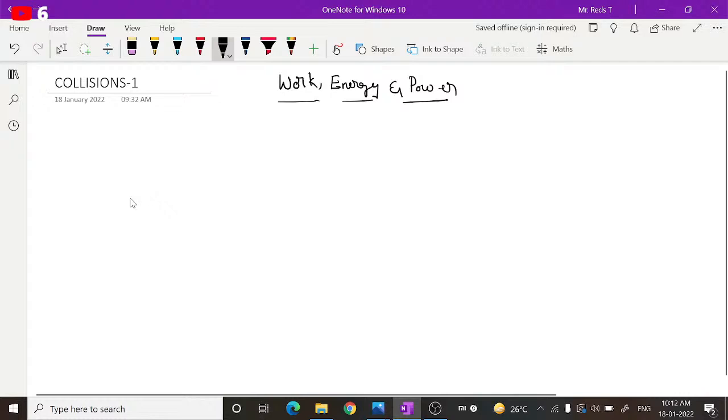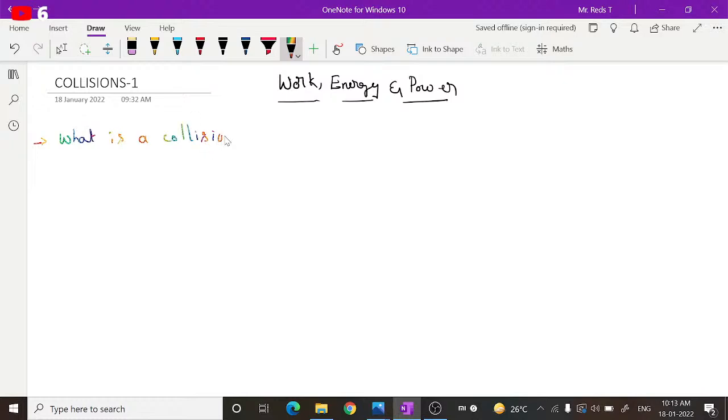Right. What we discussed in the previous class is what a collision is, and we also discussed the types of collisions.